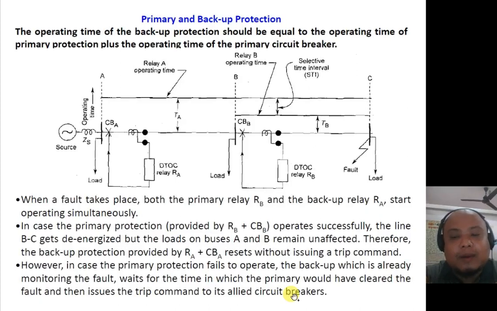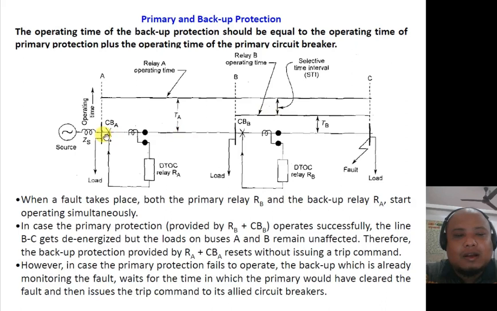Now coming to the primary and backup protection. I told you the operating time of backup protection should be equal to the operating time of the primary protection plus the operating time of the primary circuit breaker. Suppose there is a line section AB and another line section BC. There is a circuit breaker and a relay protective scheme employed for line section BC.